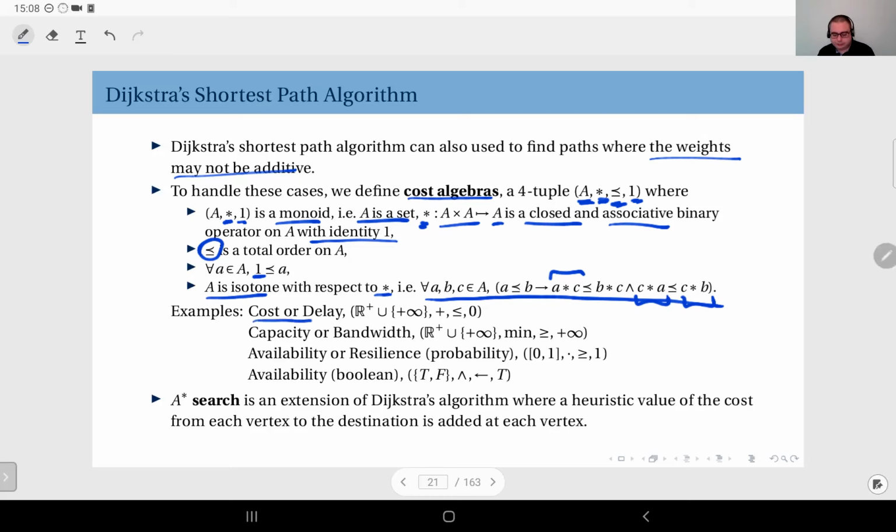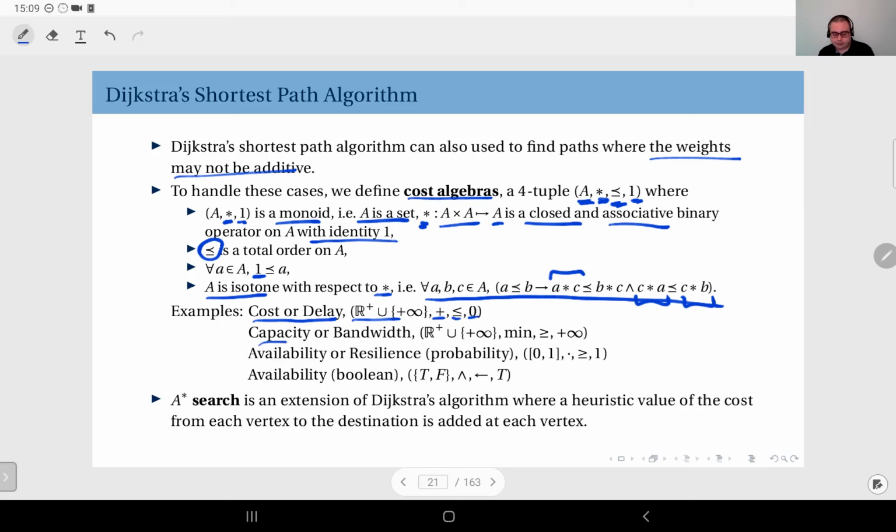But this is the usual example we have seen earlier, the cost or delay. Set A here is the set of positive real numbers along with positive infinity. The operation is addition. The total order is the usual less than or equal to, and the minimum element is 0.